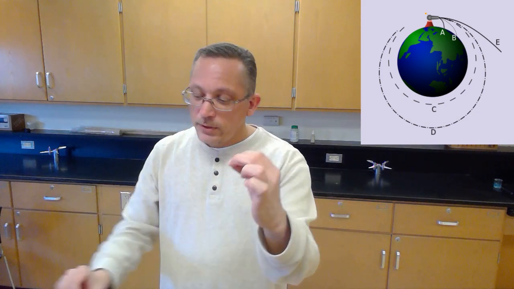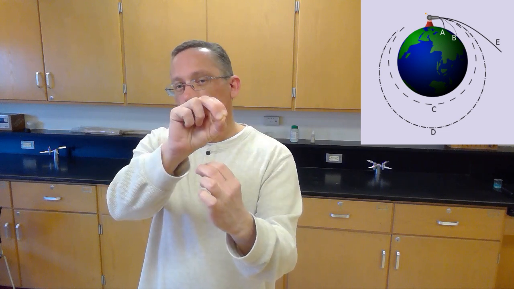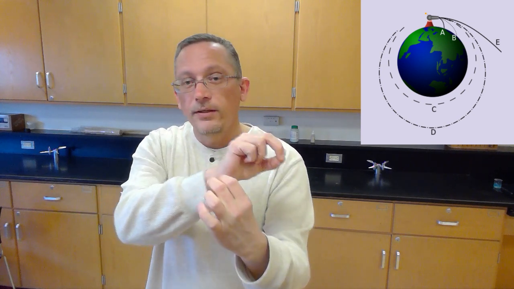That situation is labeled as C in the diagram there. And that is what you call a circular orbit. So you fire your cannonball with just the right speed, it'll completely miss the ground, come all the way around the planet, and come right back to the back of the cannon, right?